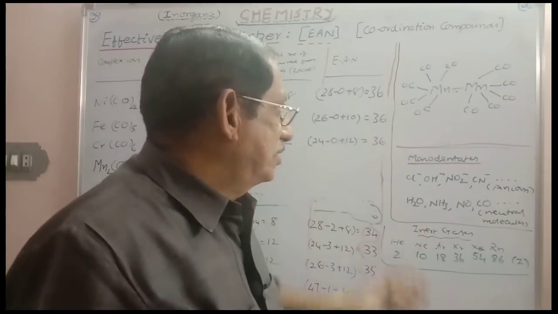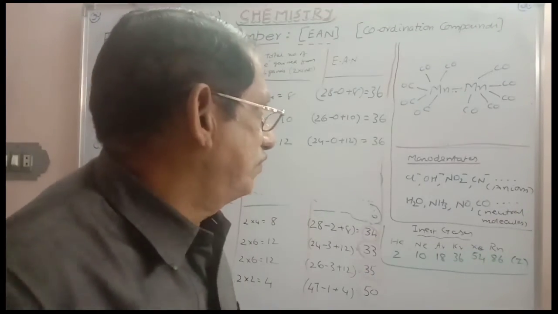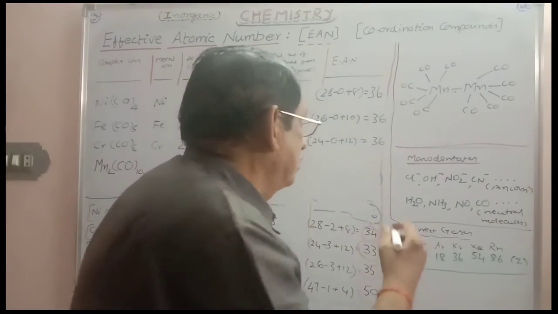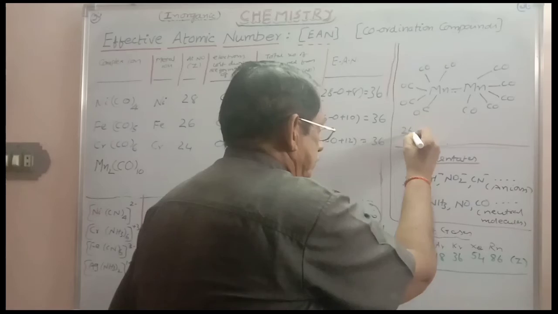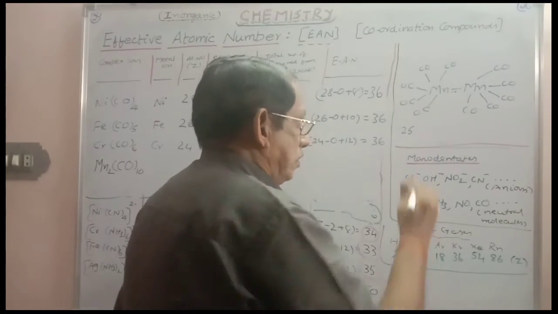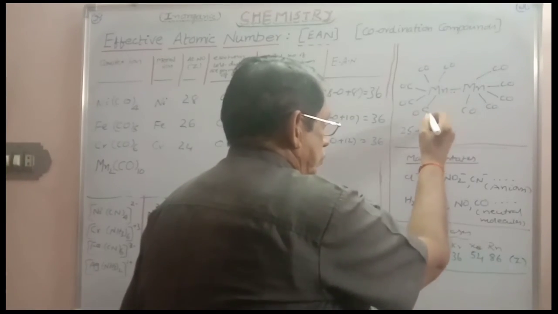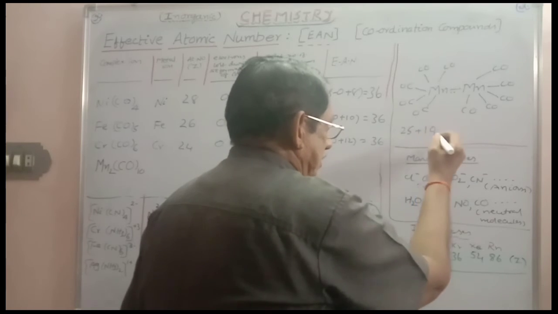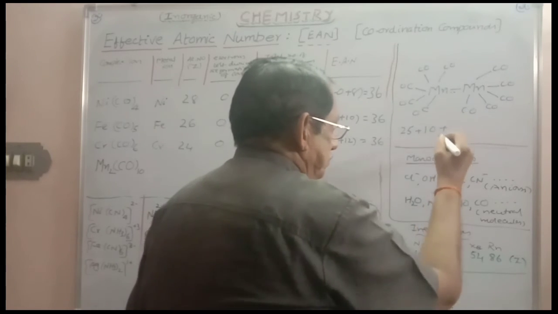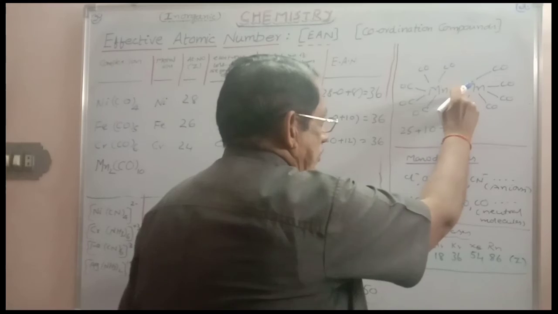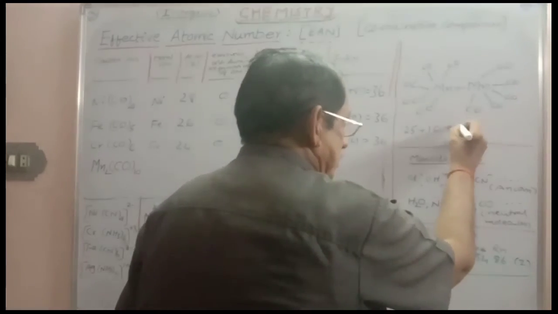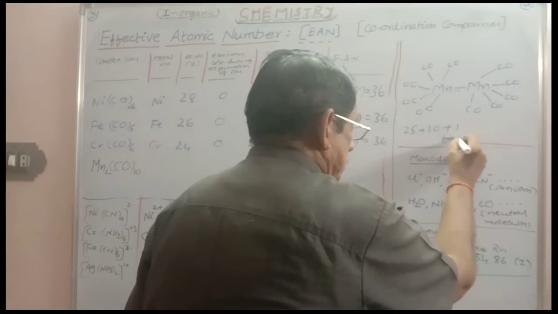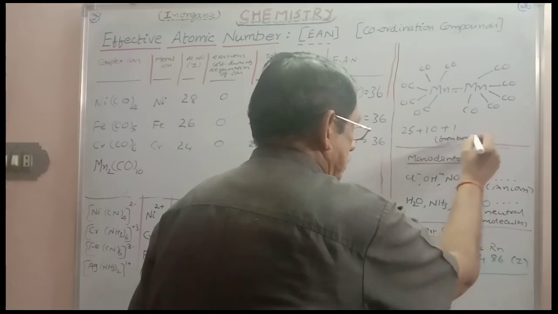And that is why, what is the effective atomic number for manganese here? If you take Mn 25 plus coordination number 5, 5 into 2, 10 electrons are obtained from ligands, plus 1 more electron is obtained from the Mn-Mn bond.